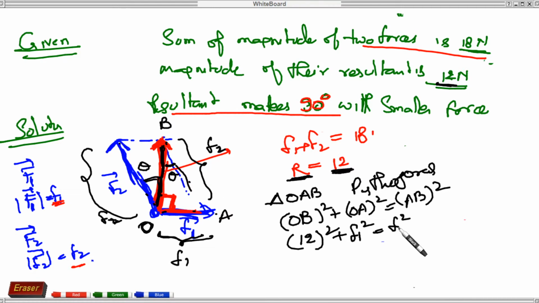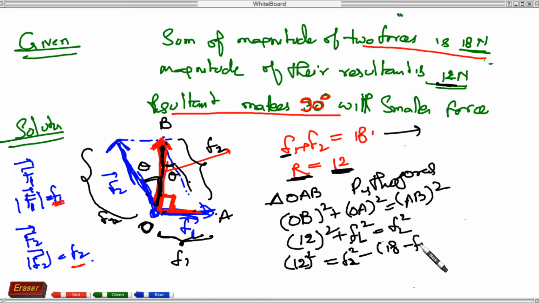So 12 squared plus F1 squared equals F2 squared, or 12 squared is equal to F2 squared minus F1 squared, where F1 is 18 minus F2.